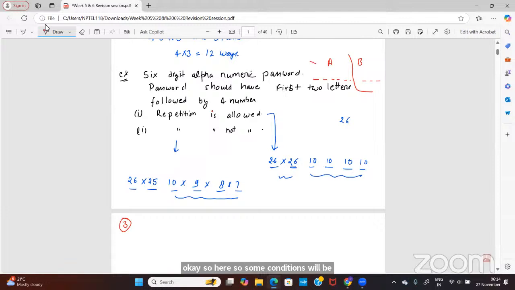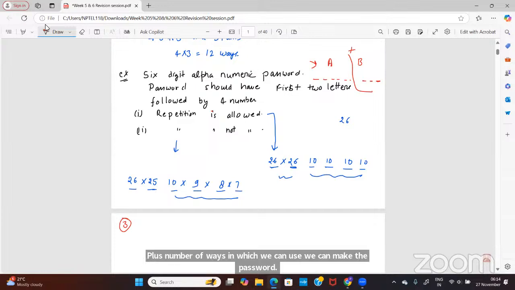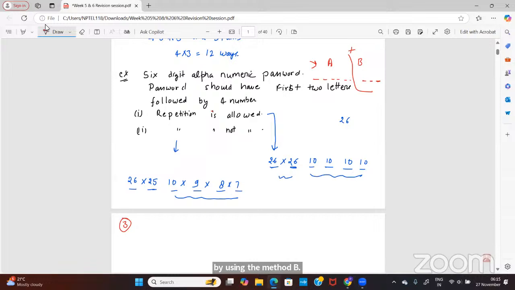First we calculate the number of ways in which we can make the password using method A, plus the number of ways in which we can make the password using method B.